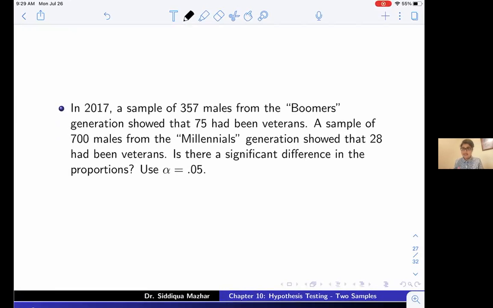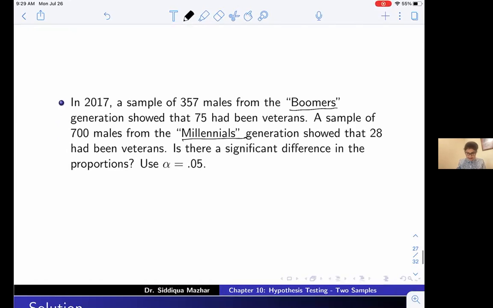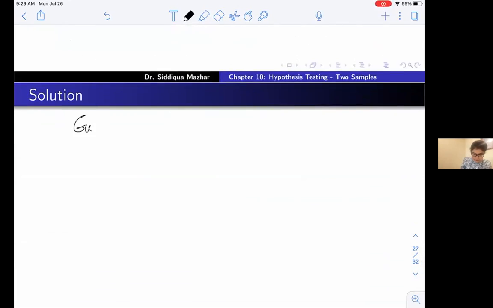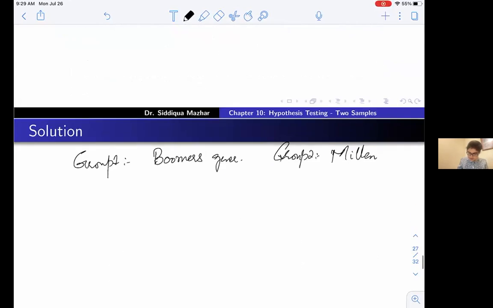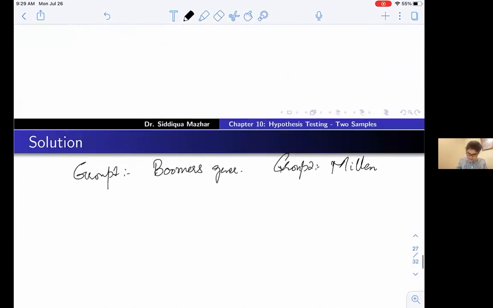So first you have to decide which is group one and which is group two. So we have two groups, one for boomers generation and another for millennials generation. So I'm going to call group one the boomers generation and group two the millennials generation.